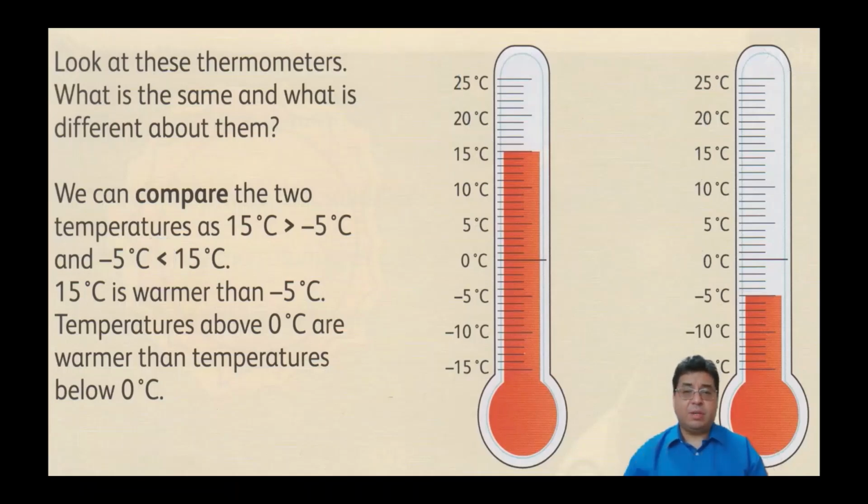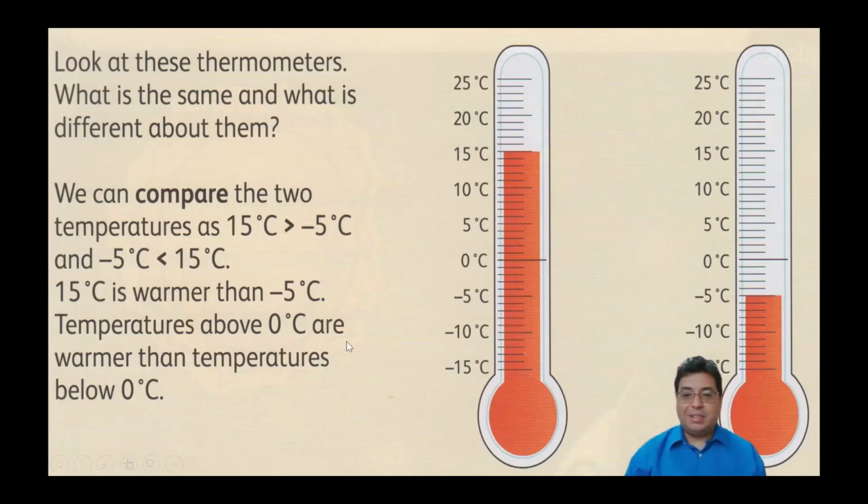So this is what I wanted just to show you in a more practical sense, since temperature is something that we use all the time, especially if you're in a cold place, then I feel it's better to show negative numbers like that. Okay, and again, temperatures above 0 degrees Celsius are warmer than temperatures below 0 degrees Celsius, and as you can see here, that's very obvious.